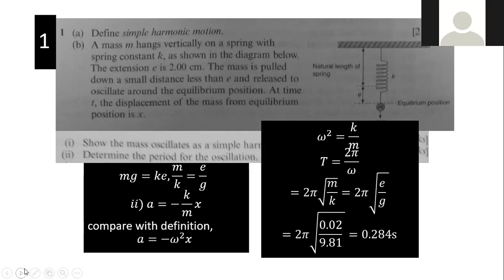Determine the period. Since they gave you e, you have to convert to e over g from this equation. They want you to calculate the answer. So your e is that one, change to meter. g is 9.81, calculate it out.